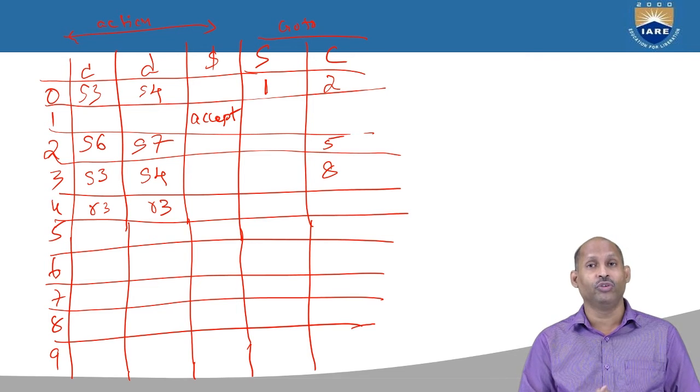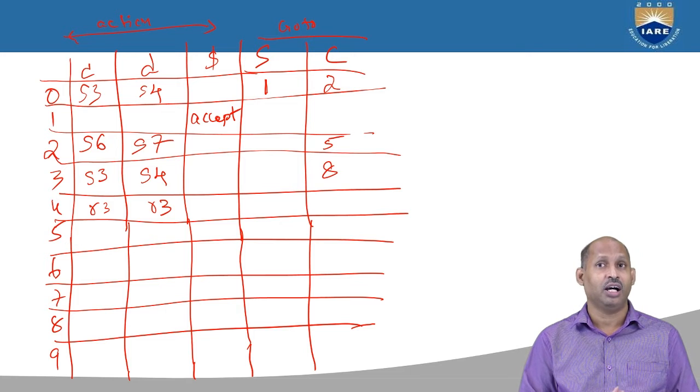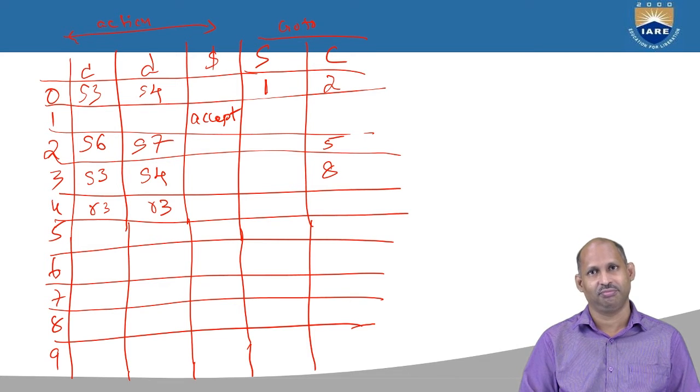So state 4 has R3 in both columns C and D. Okay?